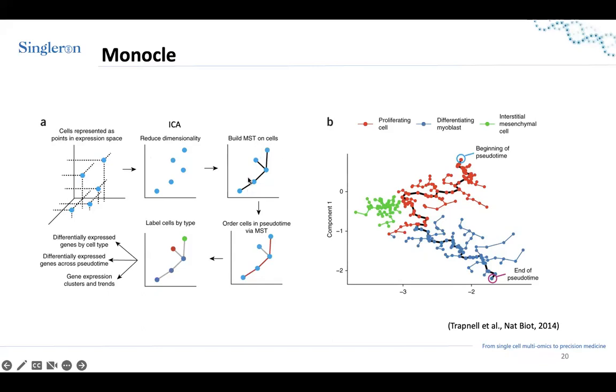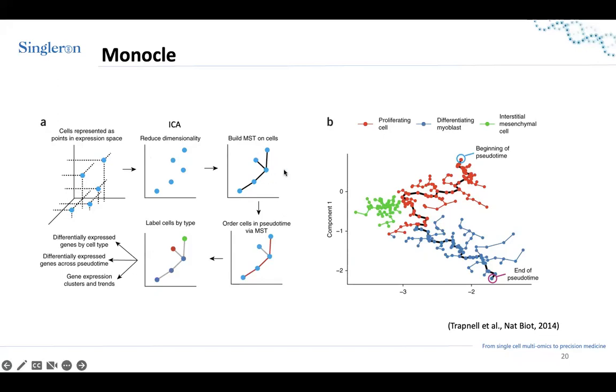So you get this. And once you have this tree, you can order the cells along that tree. Here you need to mention where the starting point is. This method cannot tell you the start and end positions.